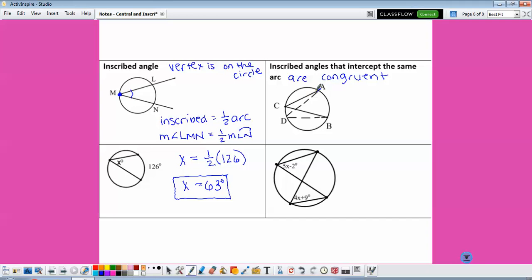So since angle ACB touches arc AB, and angle ADB, let me grab a different color, ADB also touches arc AB, angle ACB is congruent to angle ADB.